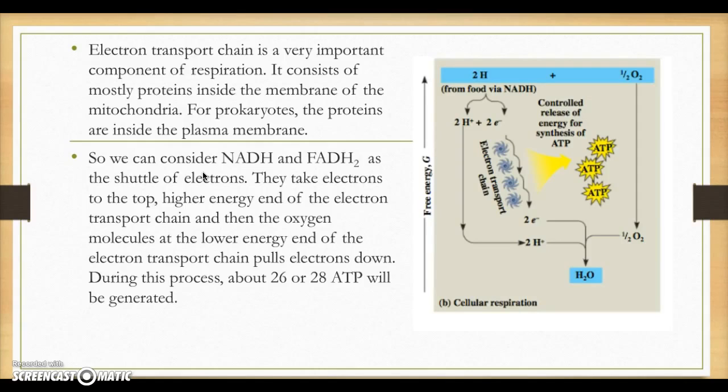They take electrons to the top, higher energy end of the electron transport chain, and then the oxygen molecules at the lower energy end of the electron transport chain pull the electrons down the electron transport chain. And during this process, about 26 or 28 ATP will be generated.